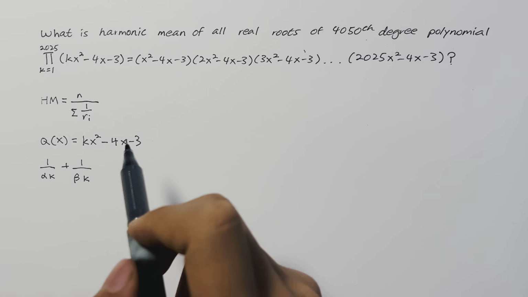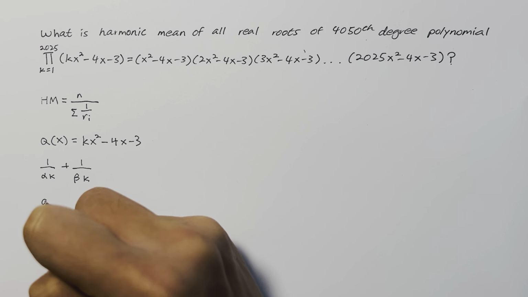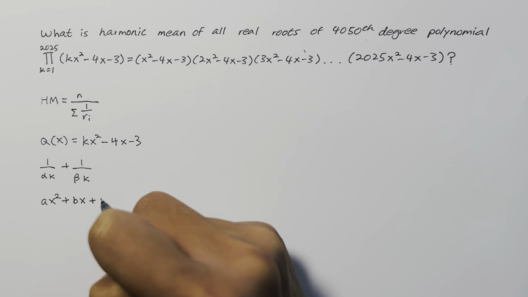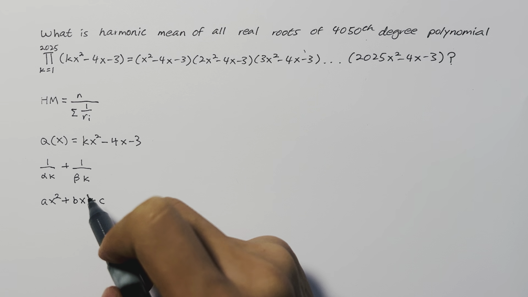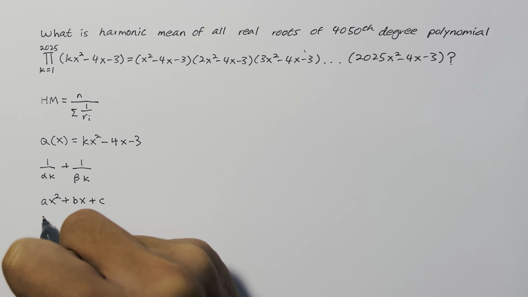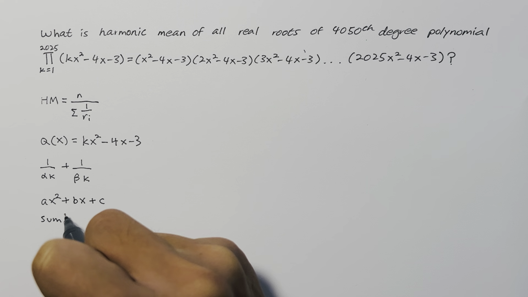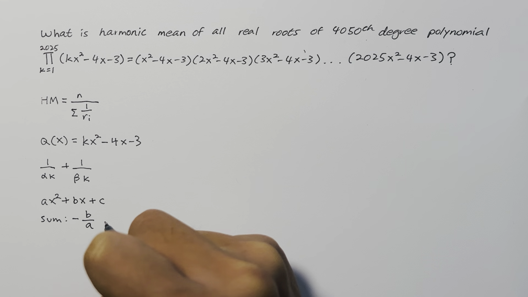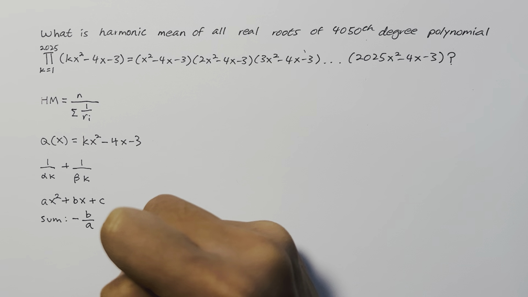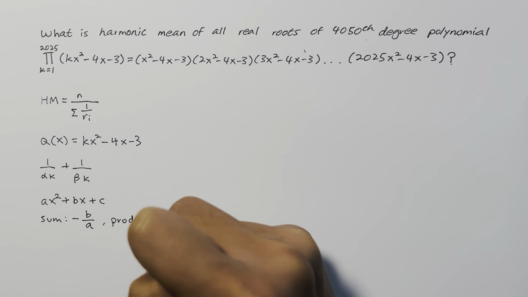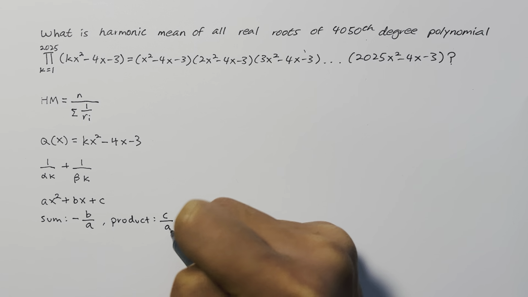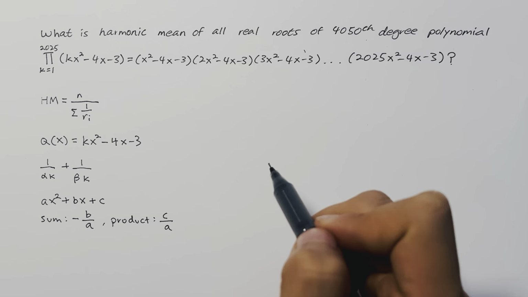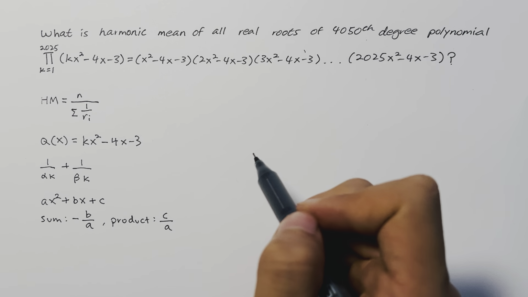For any quadratic ax squared plus bx plus c, the sum of the roots is negative b over a, and the product of the roots is c over a. And we can apply this to our generic factor q of x equals kx squared minus 4x minus 3.